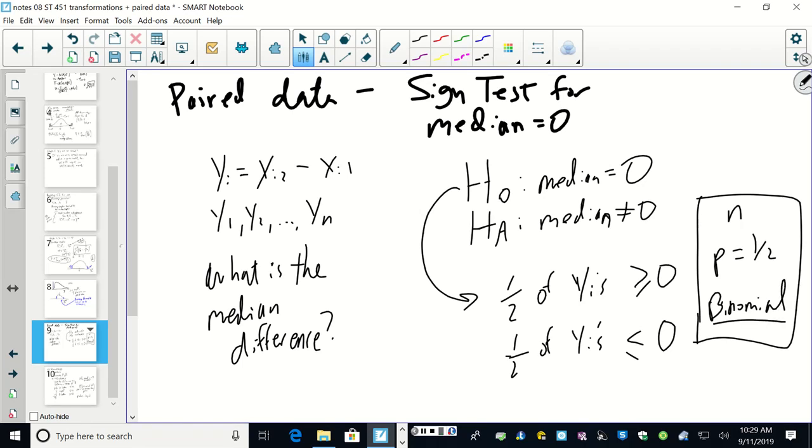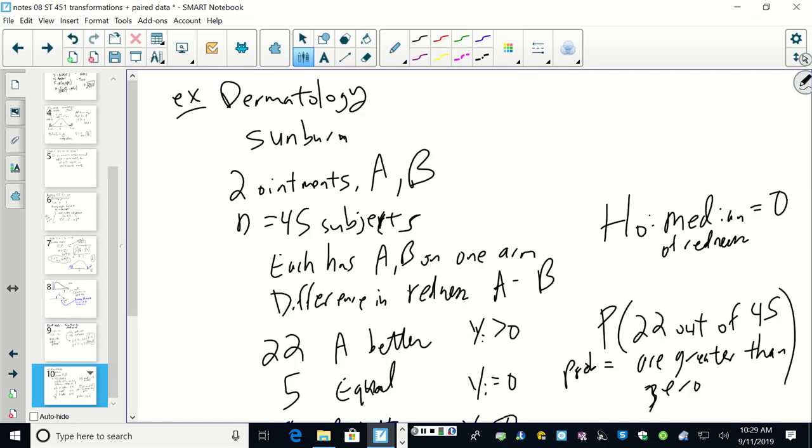Under the null hypothesis that the median is 0, and there's no difference, it's a 1/2 chance. So the number that are greater, or the number that are less, becomes a binomial distribution, and we can calculate the probabilities that we want: 22 out of 45 greater than 0.